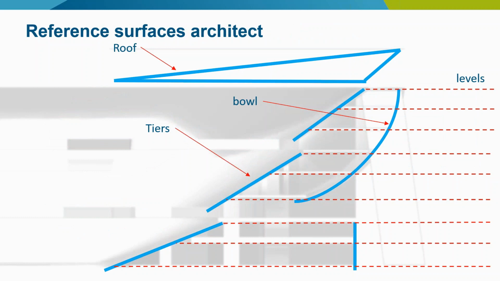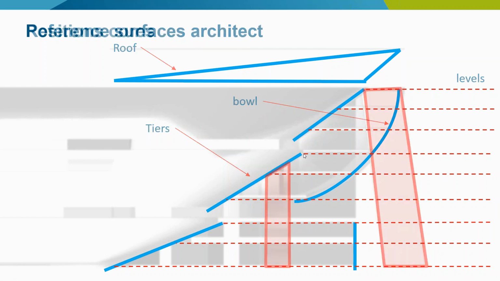We started defining reference surfaces together with the architect. So for example, for the tier layout at the front, we defined that these are reference surfaces, but also the bowl for the facade and also the roof. And the different levels were indicated.